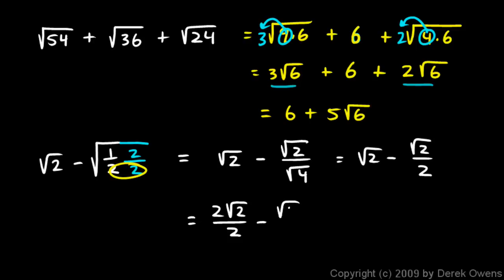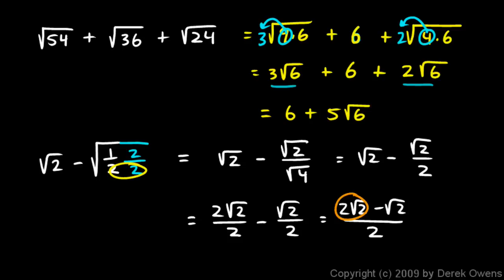So I have minus square root of 2 over 2. This, what I've written here, is exactly the same as what I've had before. I just added those 2's right there so that these two expressions would have the same denominator. And now I can combine them. This is 2 root 2 minus the square root of 2 over 2.